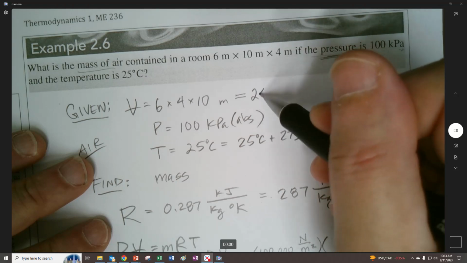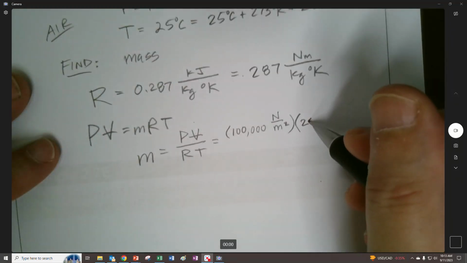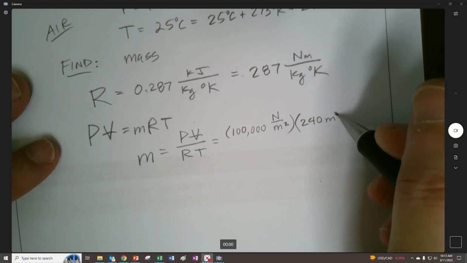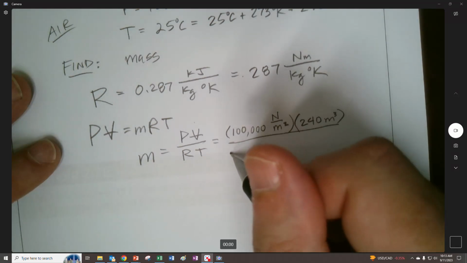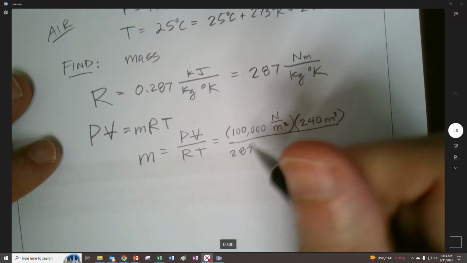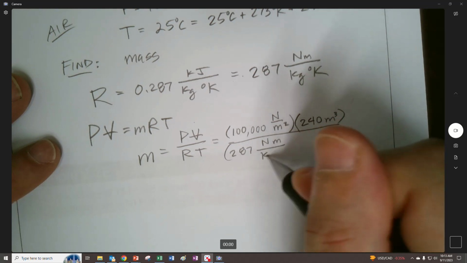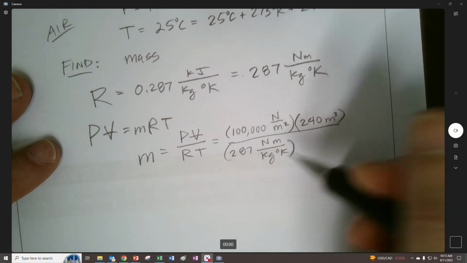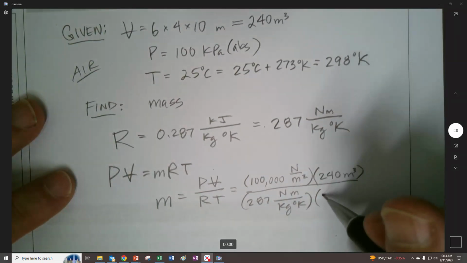Yeah, it should be 240 meters cubed. So 240 meters cubed divided by 287 Newton meters per kilogram degree Kelvin. And then lastly, the Kelvin was 298.